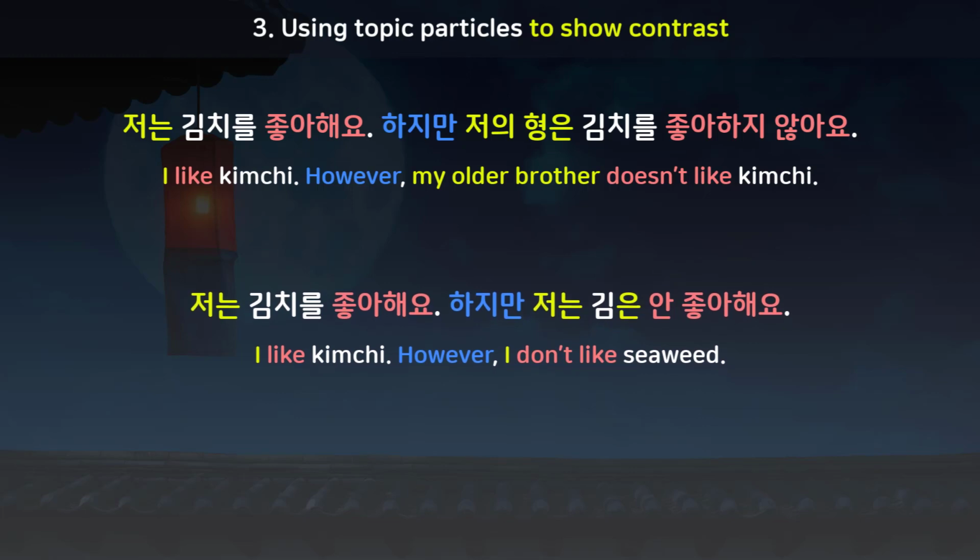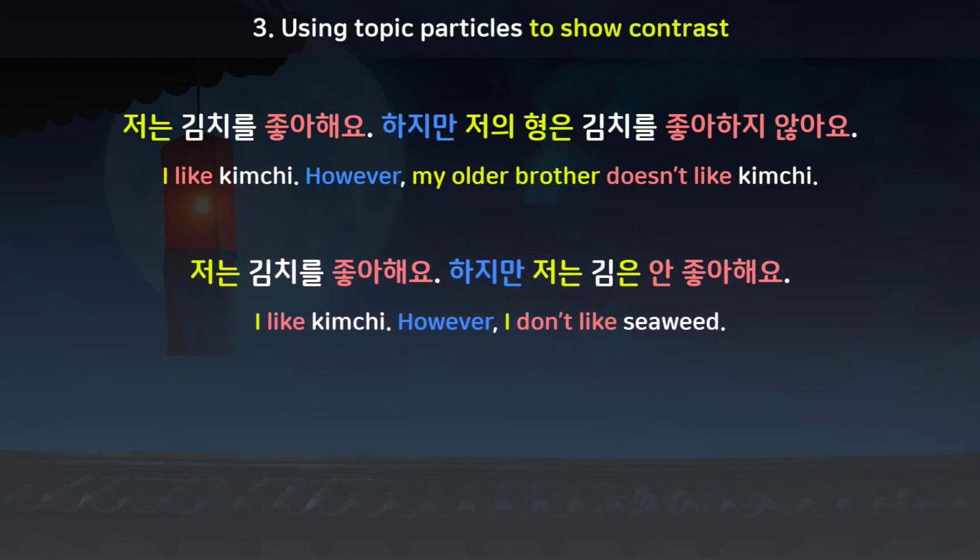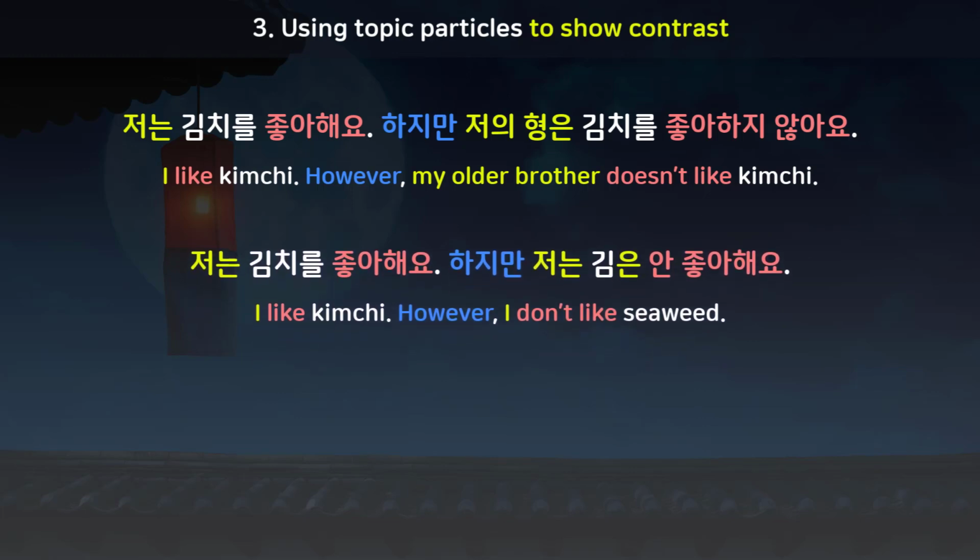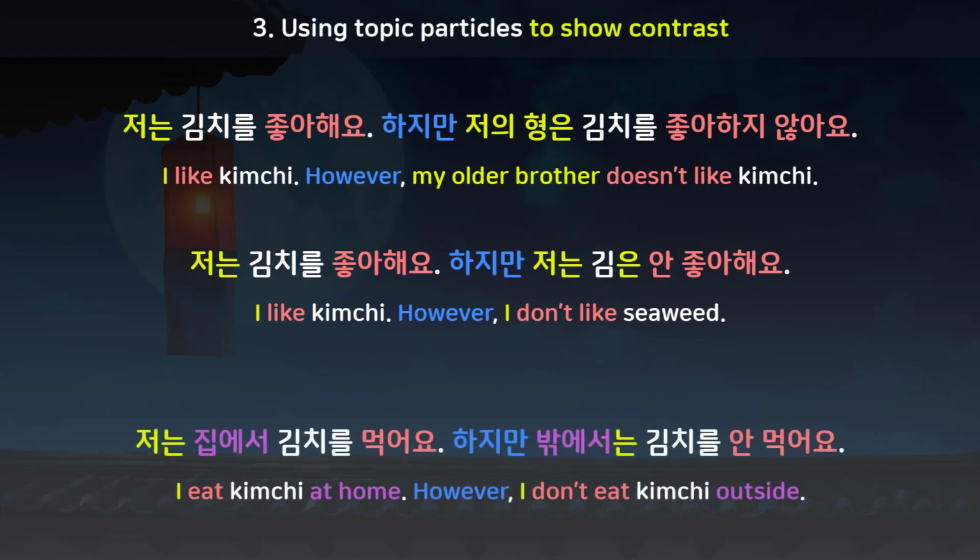Additionally, we can also show a contrast between other elements in a sentence. Here's an example sentence. 저는 집에서 김치를 먹어요. 하지만 밖에서는 김치를 안 먹어요. I eat kimchi at home. However, I don't eat kimchi outside.